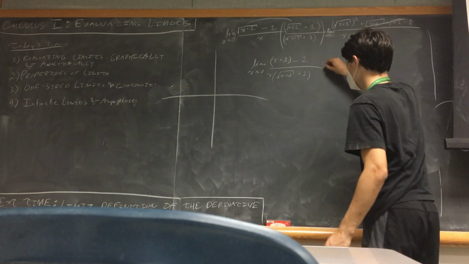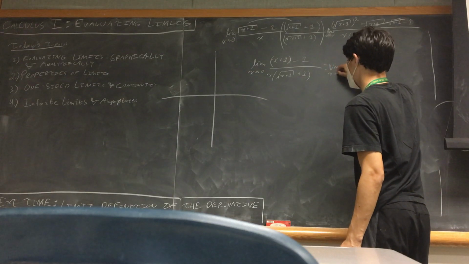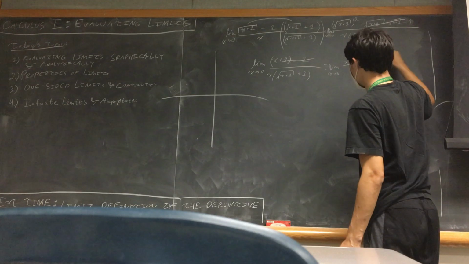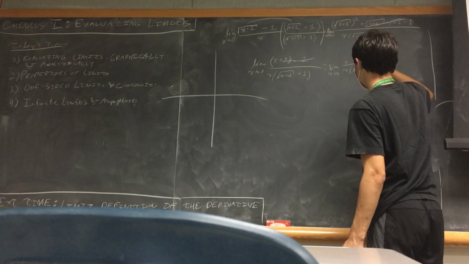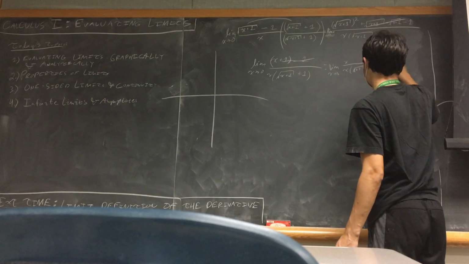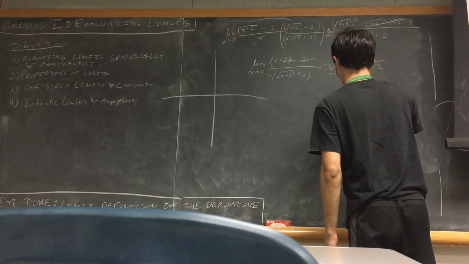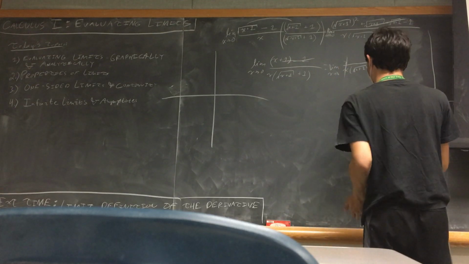If we simplify the numerator, we get the limit as x approaches 0 of x over x times the square root of x plus 1 plus 1. Now these x's cancel out, and this gives us our equivalent function p of x.